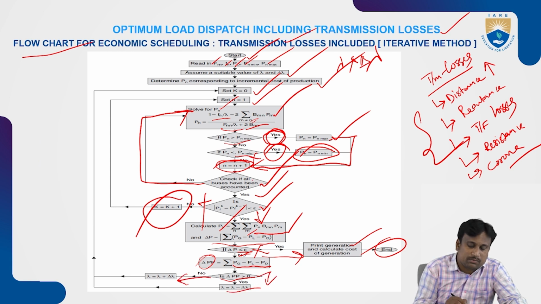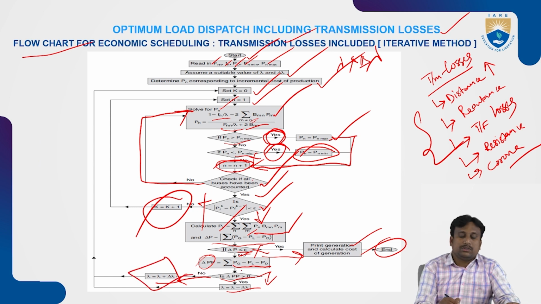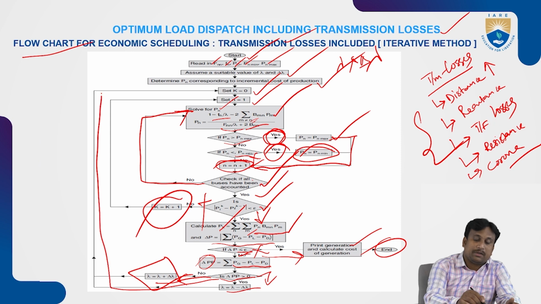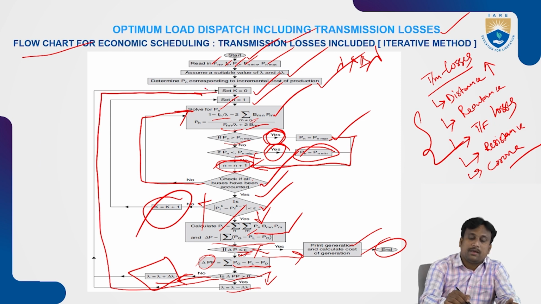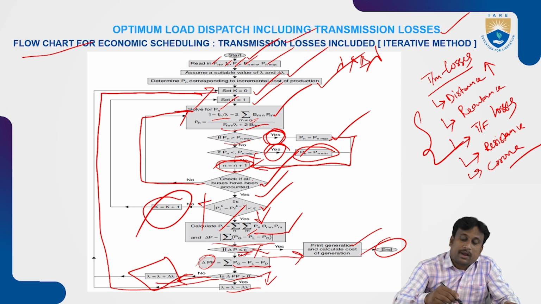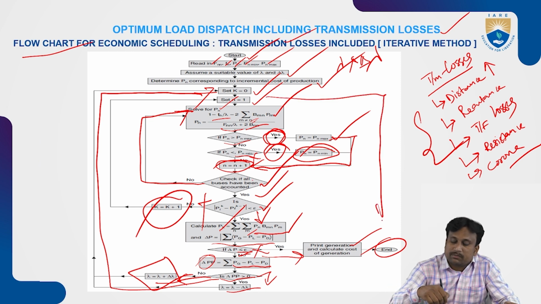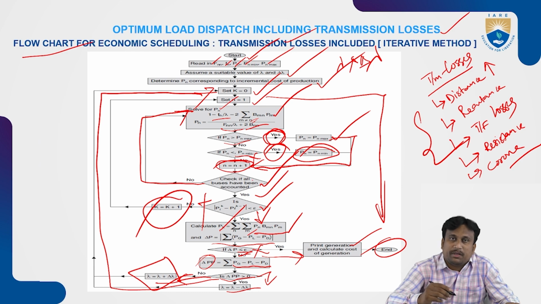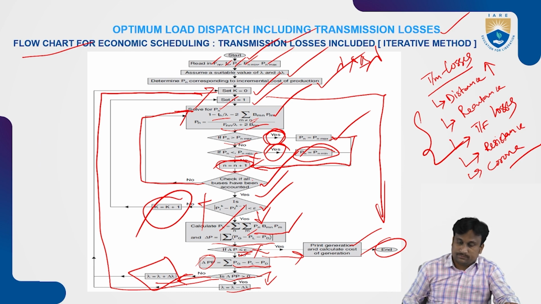If it is not possible, then lambda equals lambda plus delta lambda. After this, if this condition is not accepted, then we set the k value equal to 0 again, and repeat the process from the start onwards. So likewise the process repeats a number of times.